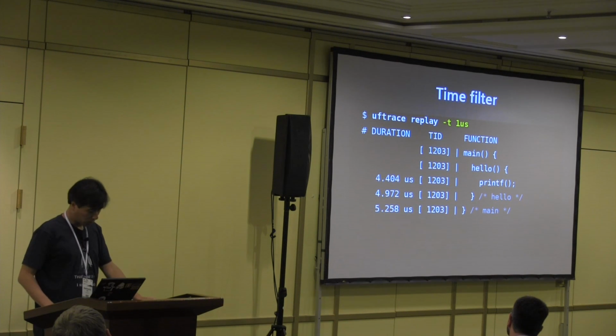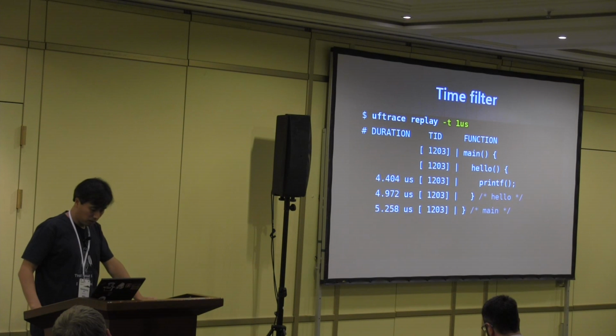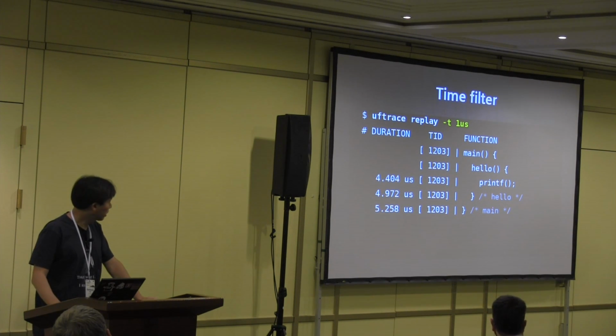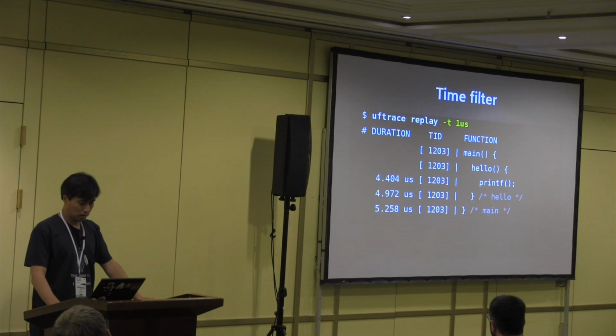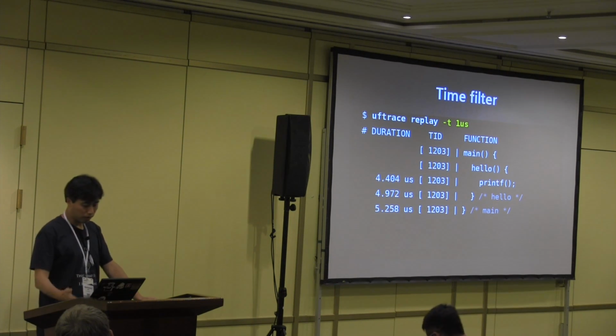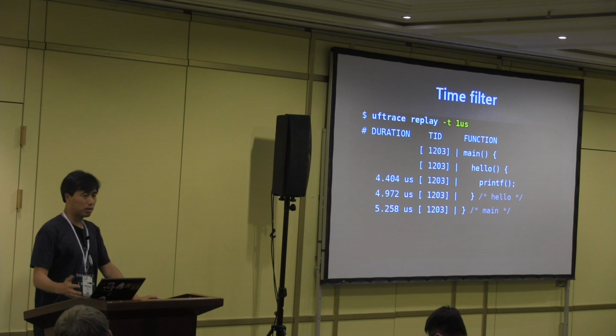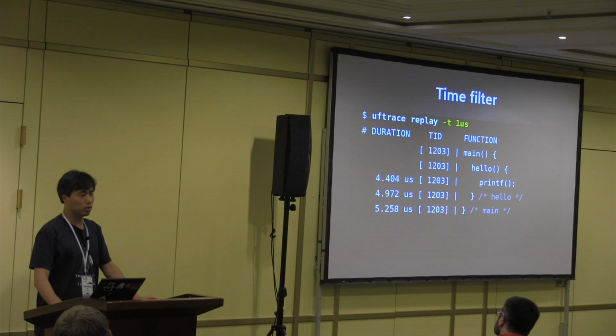And there's also a time filter, which sets a threshold and will hide small functions that run less than the given time threshold. It's also very useful to see the higher level view, since usually the function tracing data consists of many small functions.